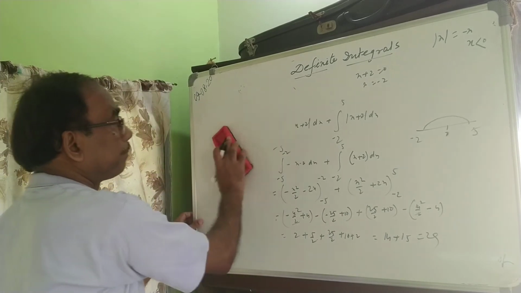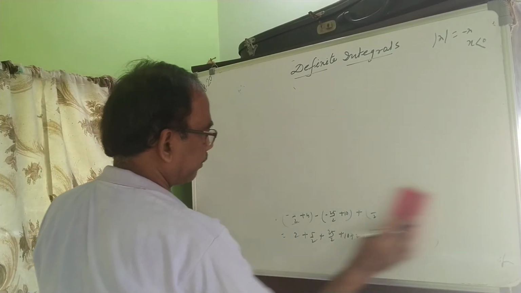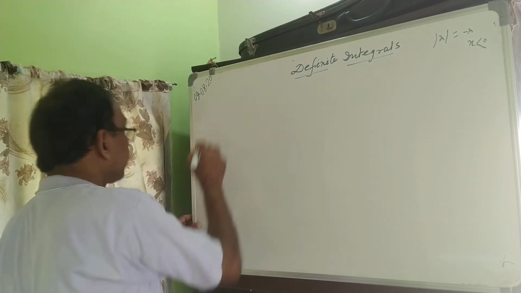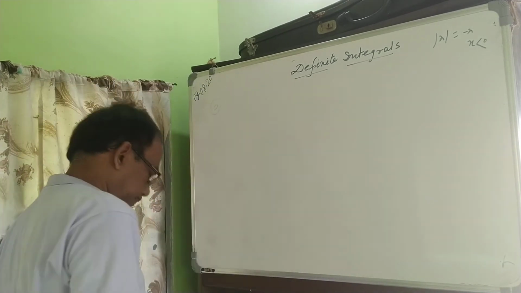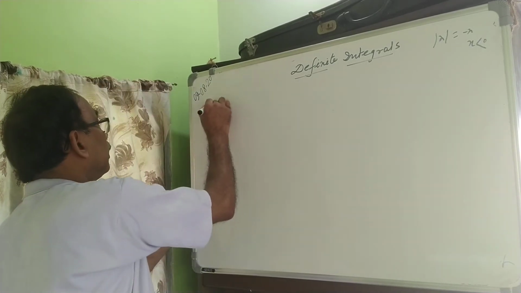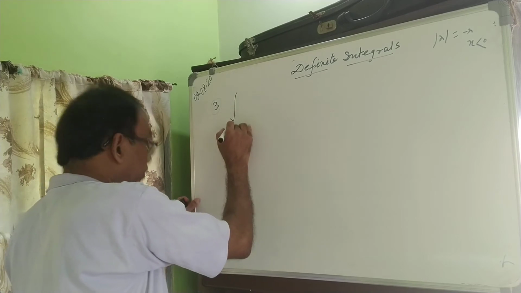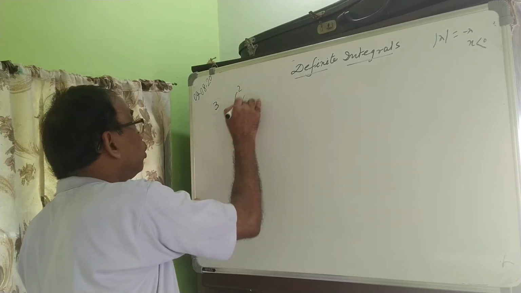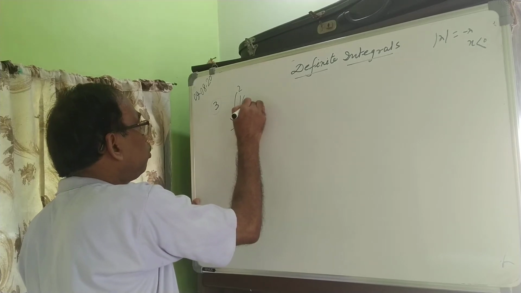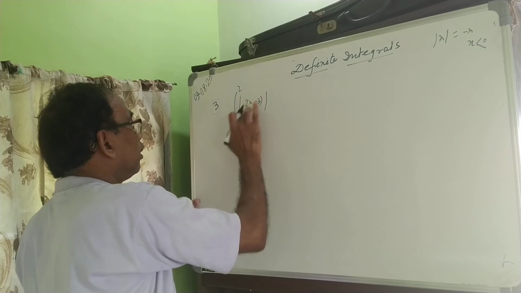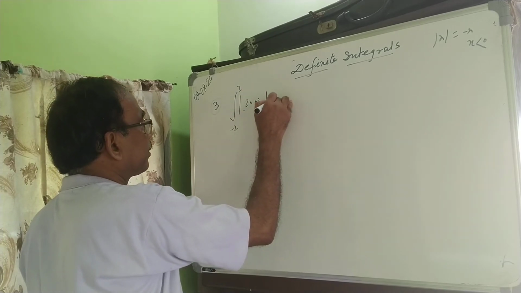Sum number 3. Integral from minus 2 to 2 of modulus of 2x plus 3 dx.